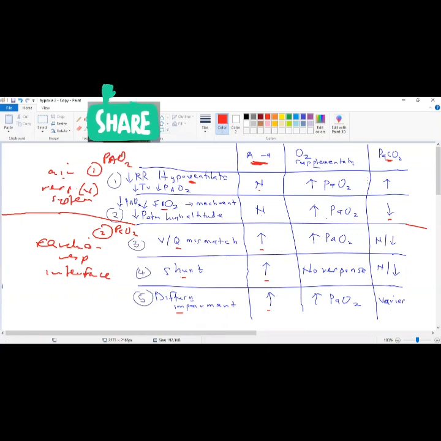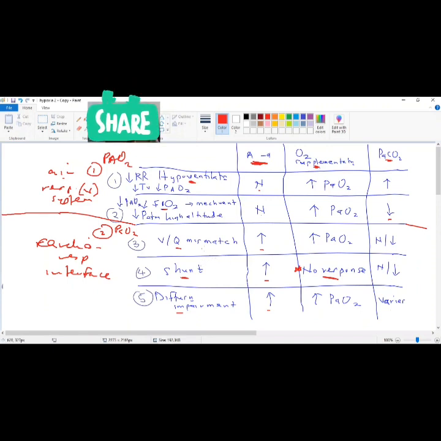Now, how do you tell them apart? This is what you do. You look at oxygen supplementation. For these three, if I give the patient oxygen and there is no response, PO2 still remains low, I'm dealing with what? With a shunt. I give oxygen supplementation, PO2 is still low, it means there's a shunt.